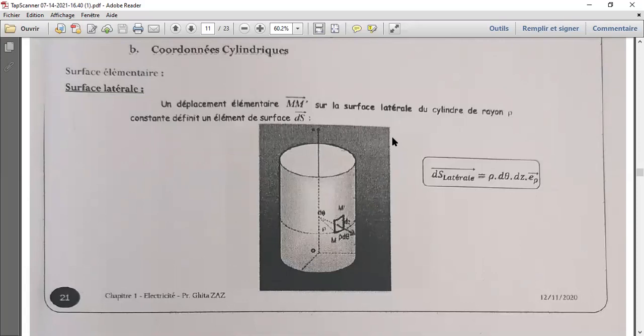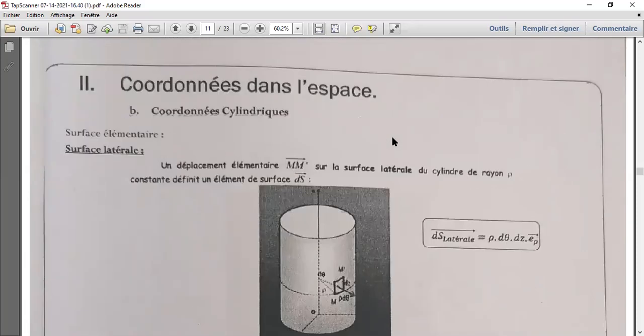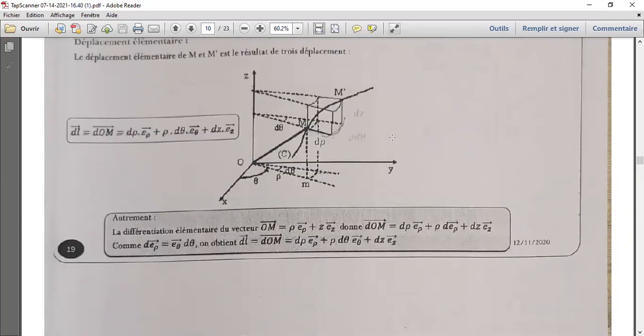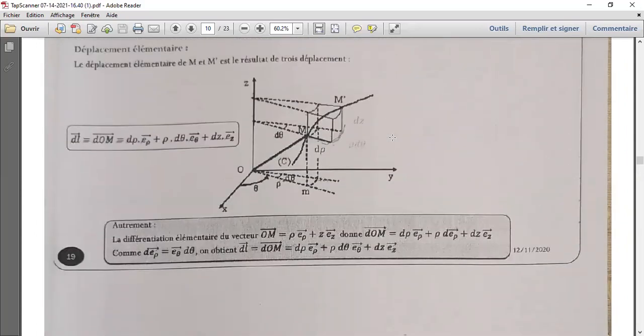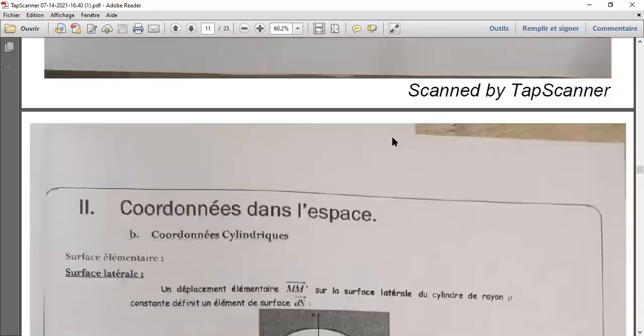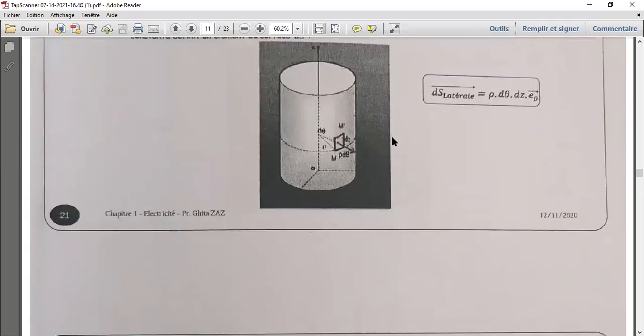When rho is constant for the lateral surface, you should know that in your formula, d rho is equal to 0. So you are just going to remain with rho times d theta times dz.